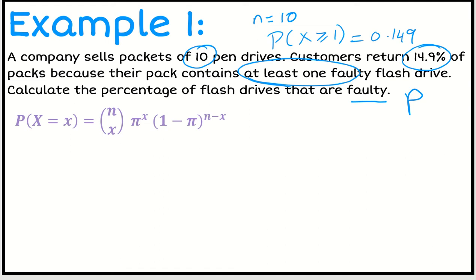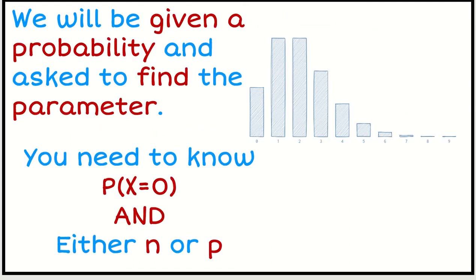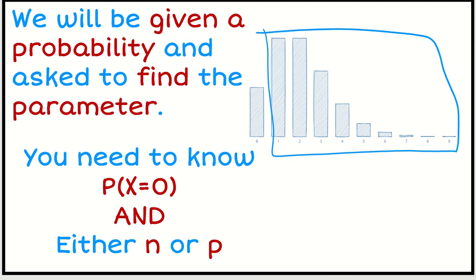So the first thing that we're going to do, the hint that I gave on the previous one, is that we need to know the probability that x is equal to 0. If I know that the probability that x is greater than or equal to 1 is 0.149, then I also know that the whole probability has to add up to 1.